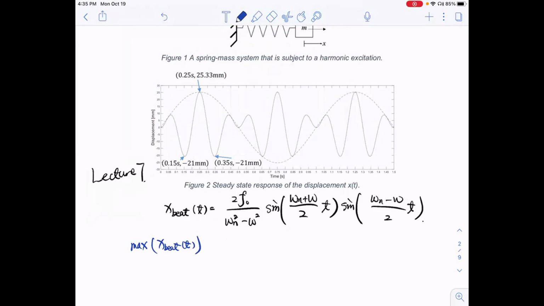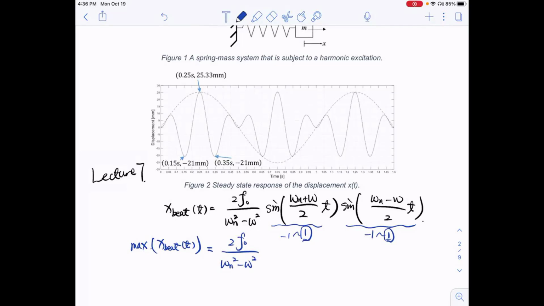It happens when your sine function is 1, because the sine goes from minus 1 to plus 1. In this range, only when your sine function reaches 1 do you get the maximum value. So your maximum is 2 times f0 over omega n squared minus omega squared.